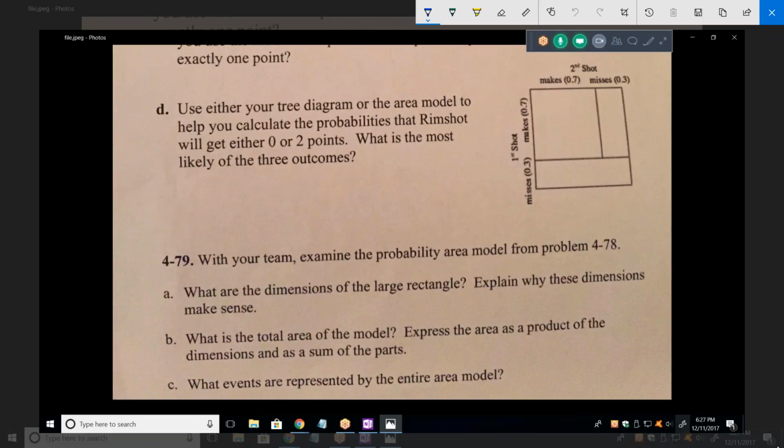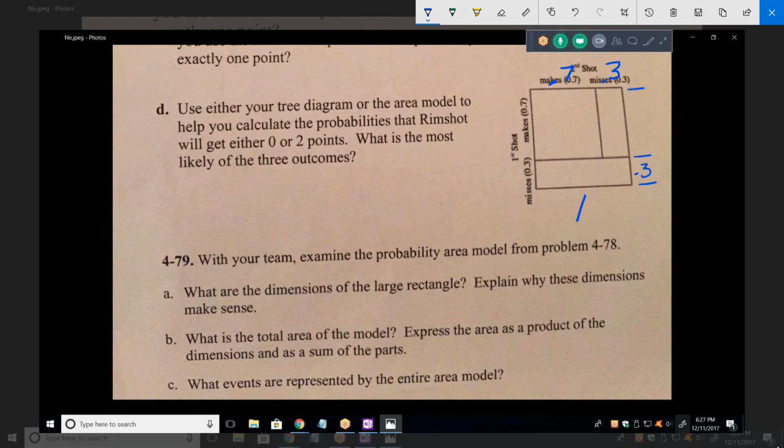I did take a step that was not immediately obvious, and I called that side of that rectangle 1. Now, this side up here has to be 0.7, and that side has to be 0.3. And this side has to be 0.3 from here to here.